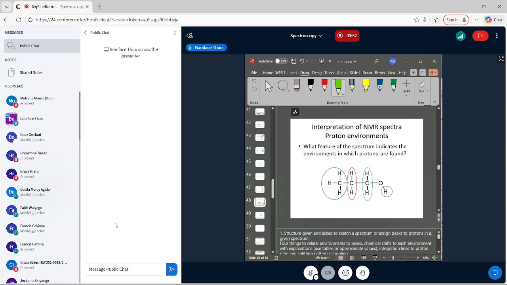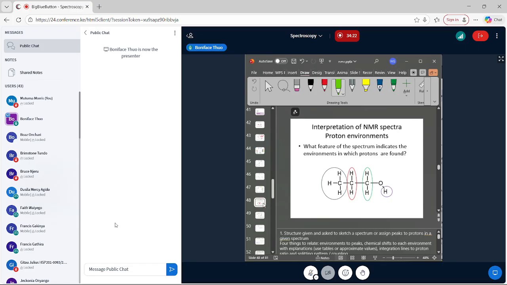So let's now look at a logical stepwise process that one might go through while trying to either identify a molecule given a spectrum or to assign peaks given the structure and the spectrum.